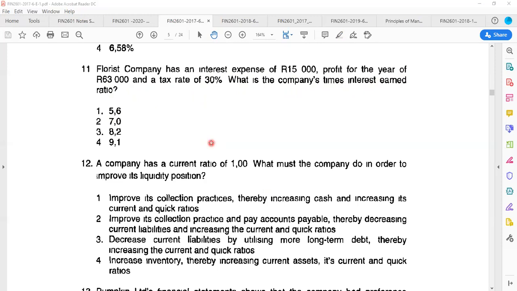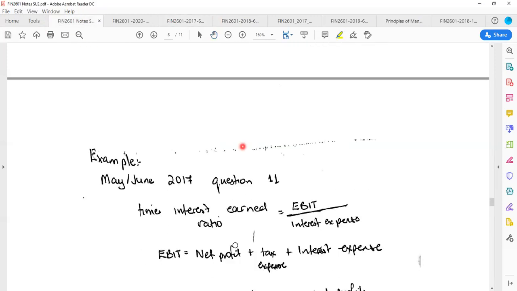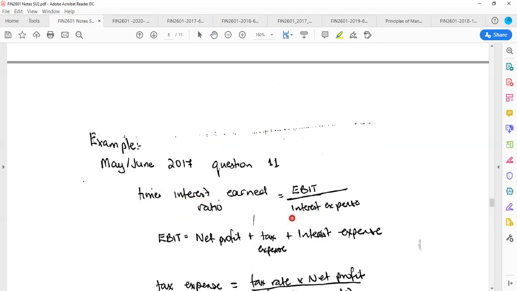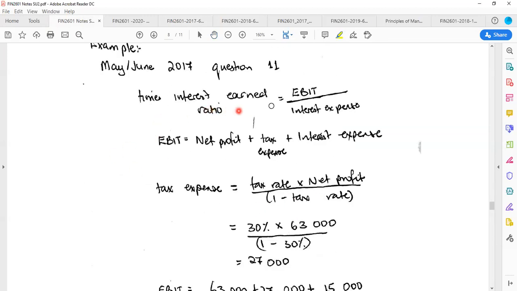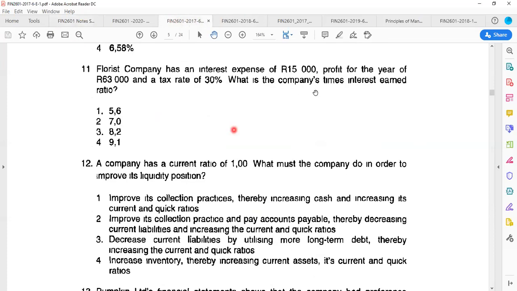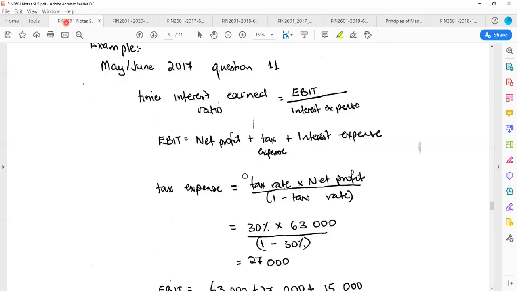So as usual, if you've been asked to calculate any ratio, you always start by writing the formula of the ratio you want to get. We know that the times interest earned ratio is given by EBIT divided by interest expense, right? So you check to see the information you've been given. Have we been given EBIT? We haven't, but we have been given the interest expense. So we have to calculate the EBIT.